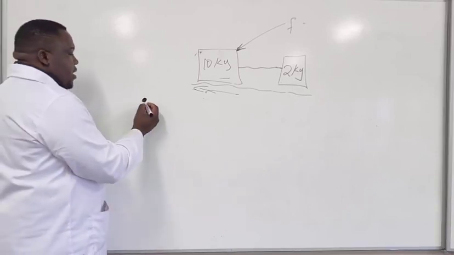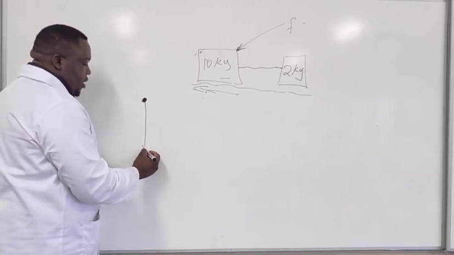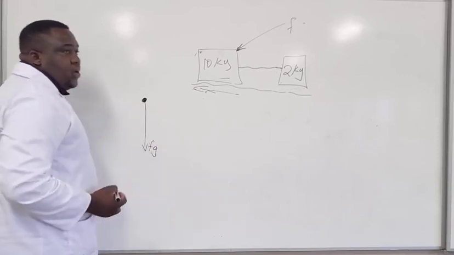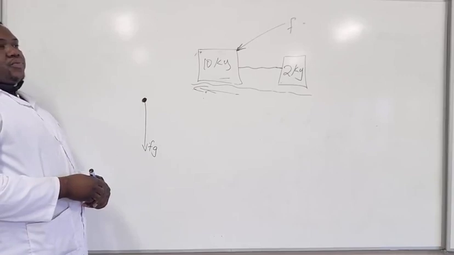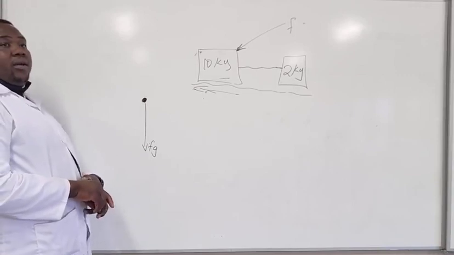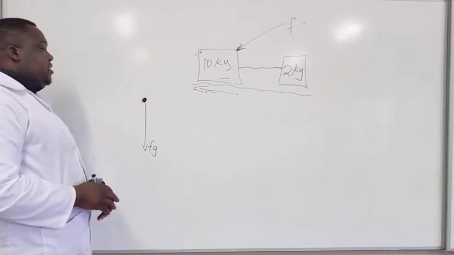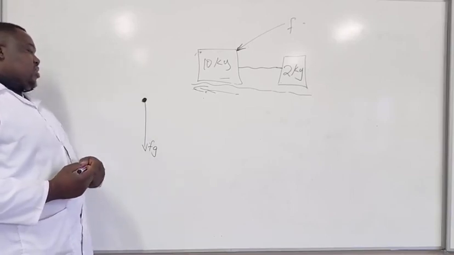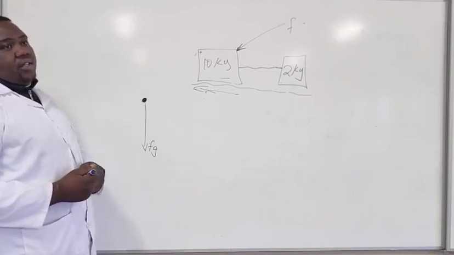Then we have the gravitational force. I told you the gravitational force, all the time, whether it's on an incline or a flat surface, you just draw a line which is vertically pointing down, and you just write Fg.